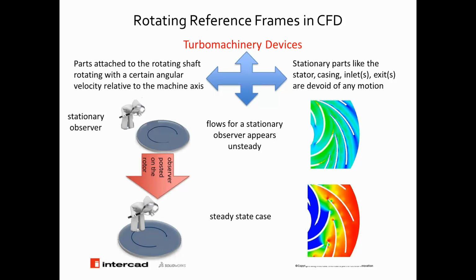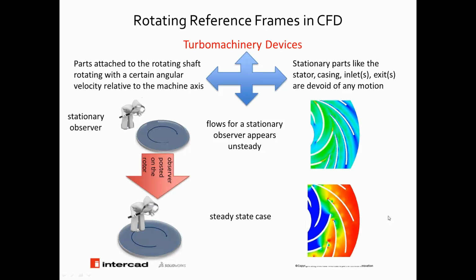You can be a stationary observer and you will see the flow as very unsteady and fluctuating. Or we can move, meaning the coordinate system of our calculation is transferred to the axis of rotation, or we put our observer on the rotor. Then we will have a much simpler problem, as you can see in the comparison of these two cases.